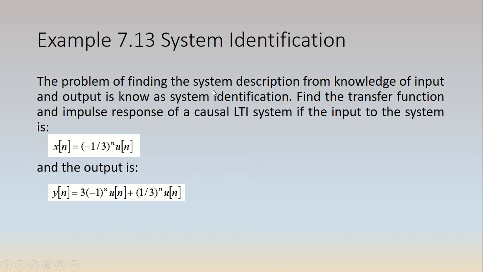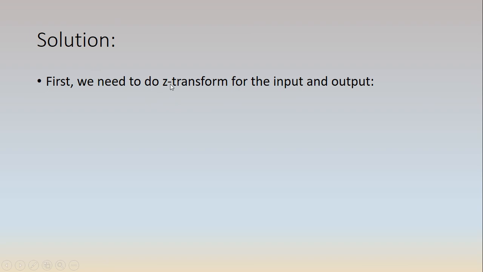Okay, from this problem, we need to find the causal LTI system, which is H[n], and this question gives us the input of the system, which is x[n], and the output of the system, which is y[n]. For the solution, first we need to do the Z transform for the input and output.